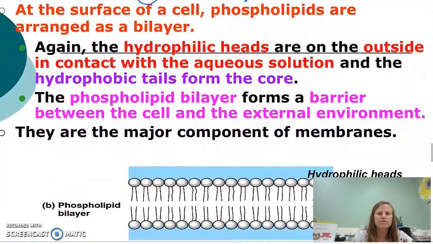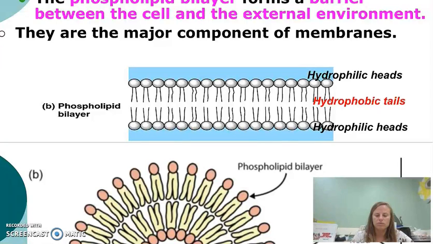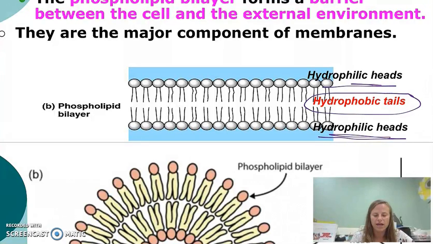The purpose of these phospholipids is that they serve as a barrier between the cell and the external environment, because the heads are on the outside layer as well as the inside layer, whereas the tails are that in-between layer.